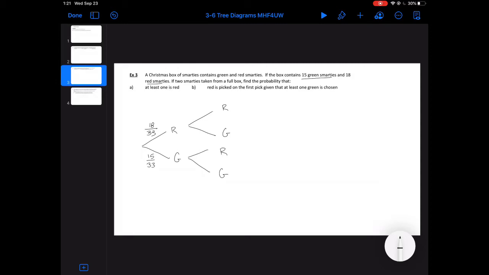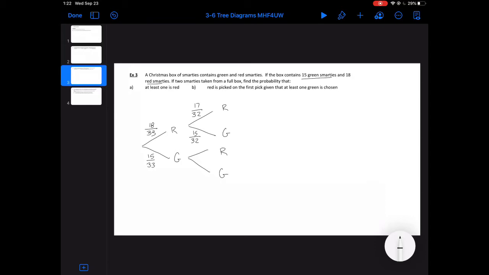Okay. And now what's going to happen, so we've taken a Smartie out of the box and then eaten it. So our next probability for drawing a red Smartie, if we drew a red the first time around, is 17, because we've eaten a red Smartie, out of 32, because there's 1 less Smartie in the box. For green, our probability is 15, because we haven't eaten any green Smarties, out of 32, because there's 1 less in the box.